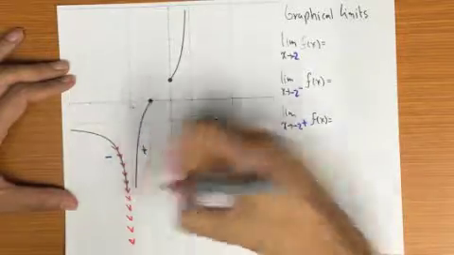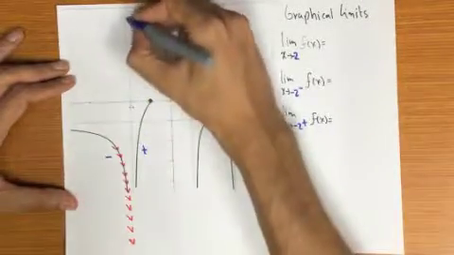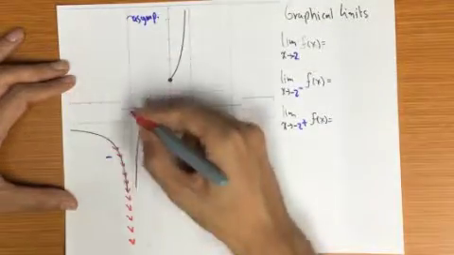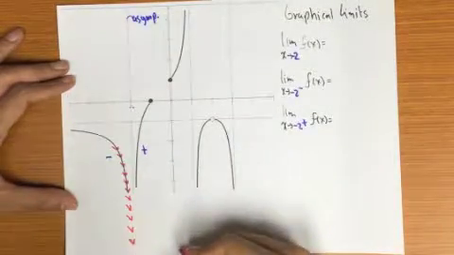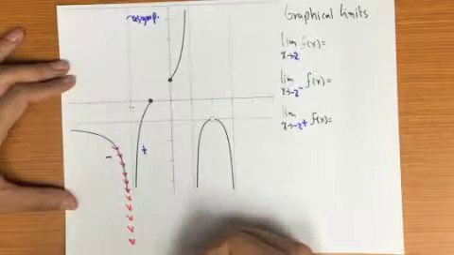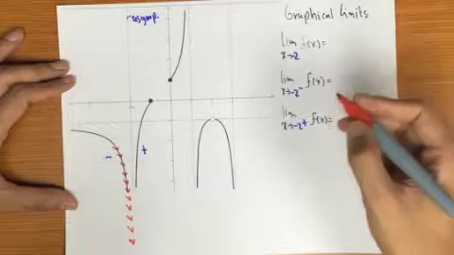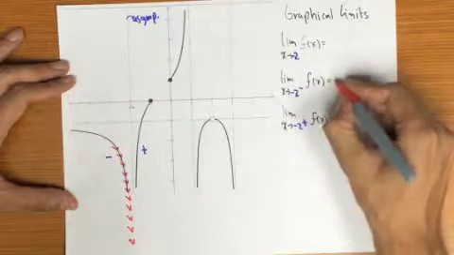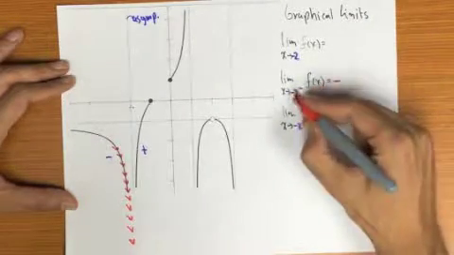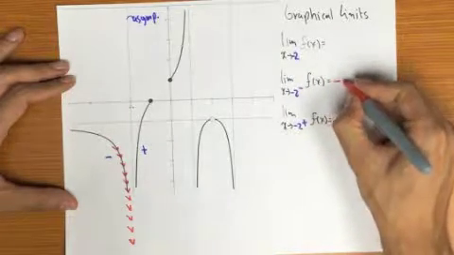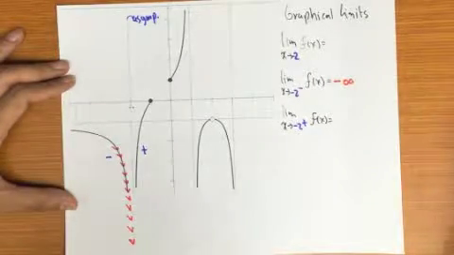Because here you have an asymptote. So you will get closer and closer to a very, very small number that we call -infinity. So when x approaches -2 from the left side, y is approaching -infinity.